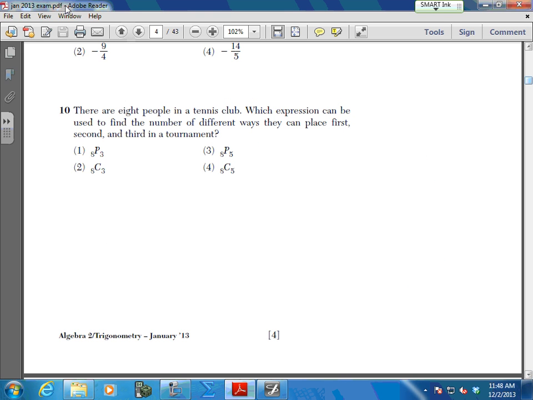In number 10, this is a nice probability one. They want to know how many different ways can you come in first, second, and third. It matters what order you place, so this is a permutation. Permutation says order matters.